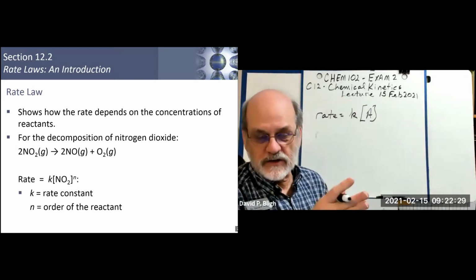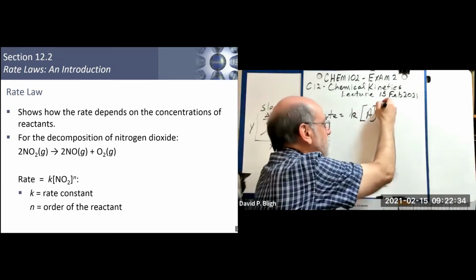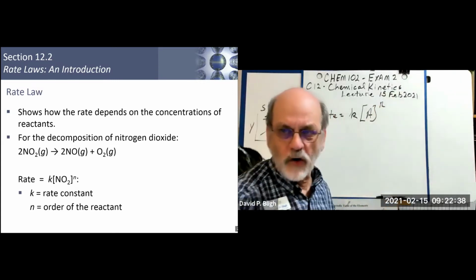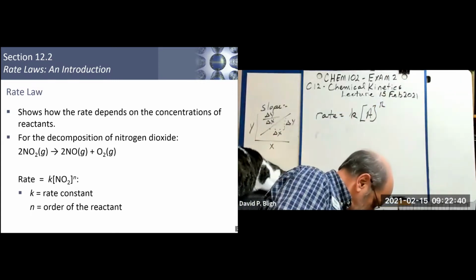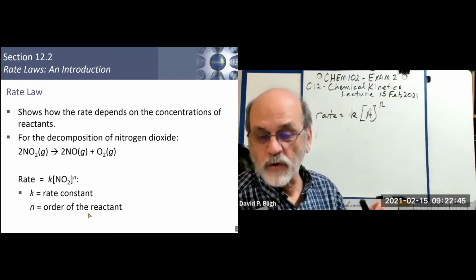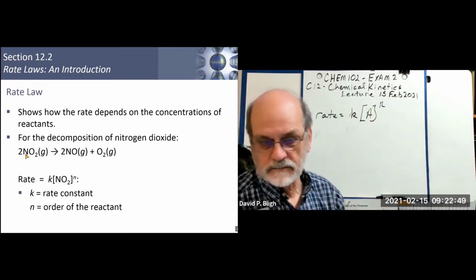What is its concentration? And you raise that to a power, and that power is called the order. In this case, it's the order of the reactant, because there's only one reactant, right?